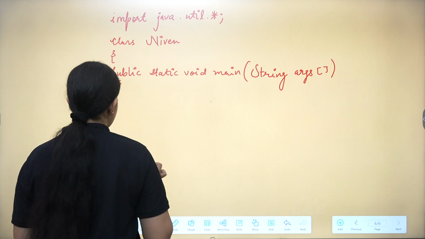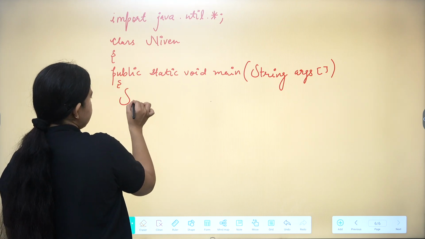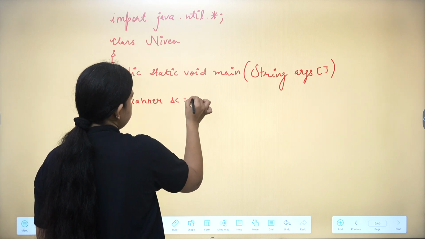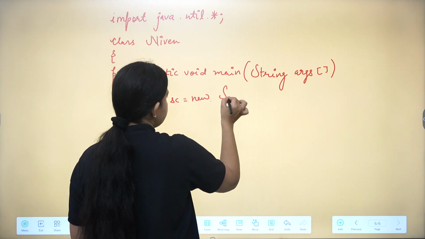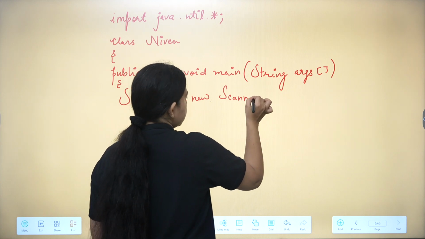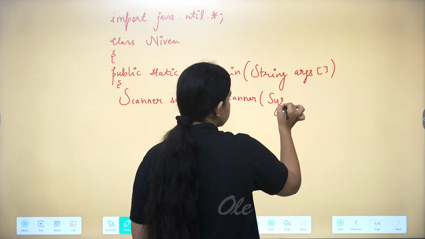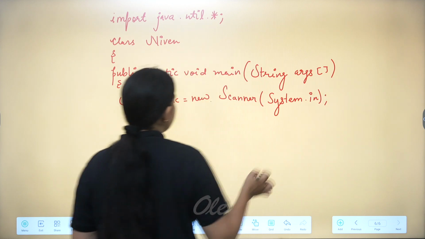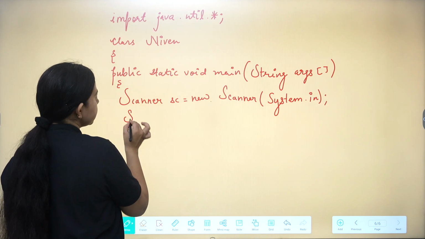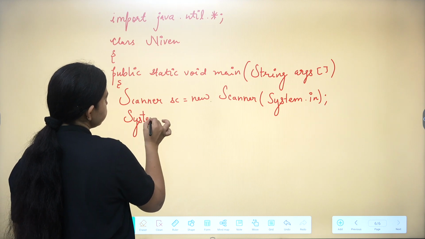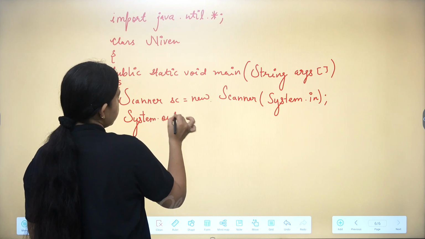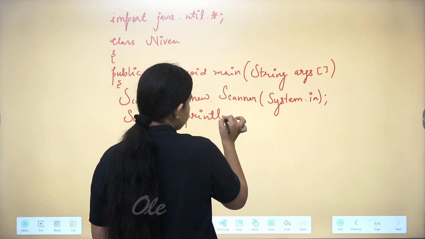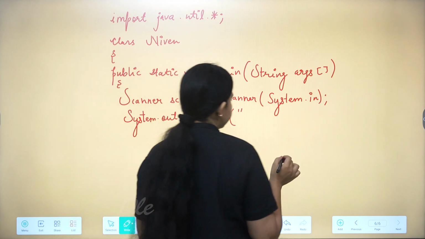Open the scope of the method, create a Scanner class object. So I'll write Scanner sc = new Scanner, and inside we pass System.in. What do we require from the user? We require a number, so we give a message with the help of System.out.println, because a few more remarks are given inside the program.